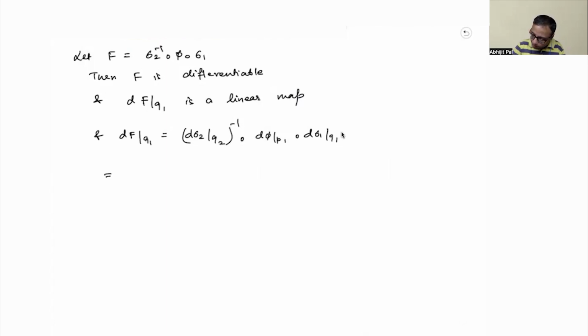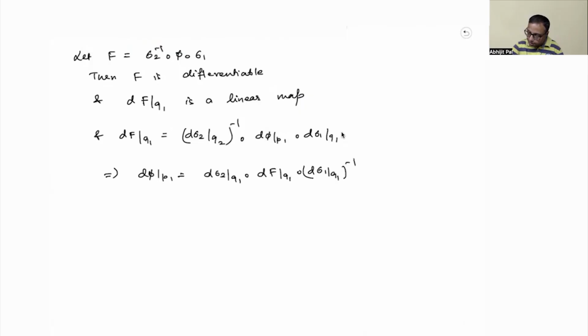So from here, D phi at the point P1 is equal to T sigma 2 at the point Q1, compose dF at the point Q1, compose T sigma 1 at the point Q1 and its inverse.